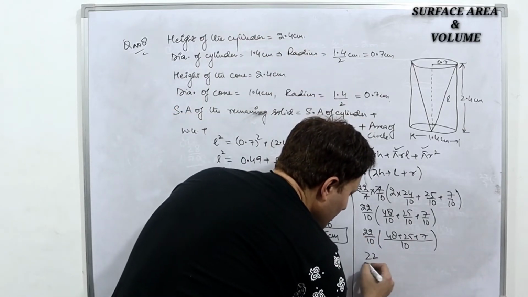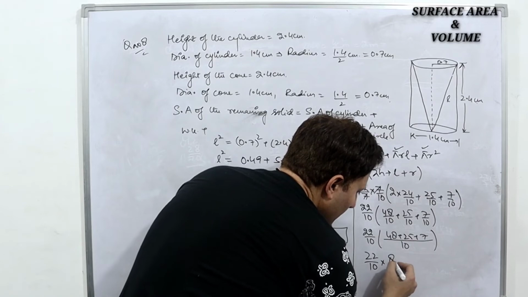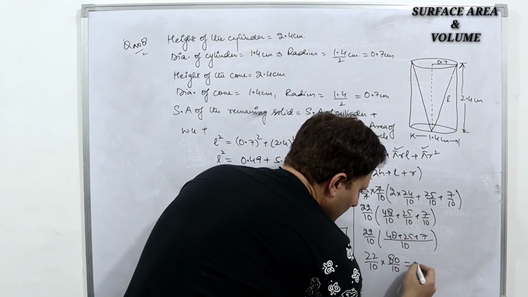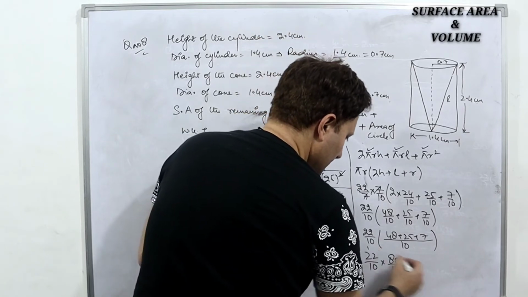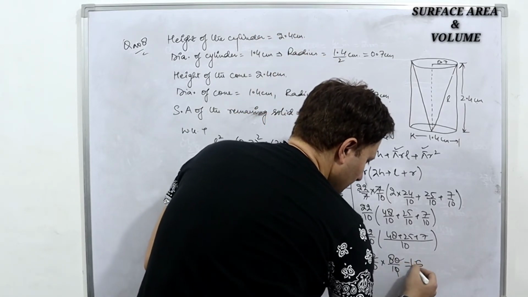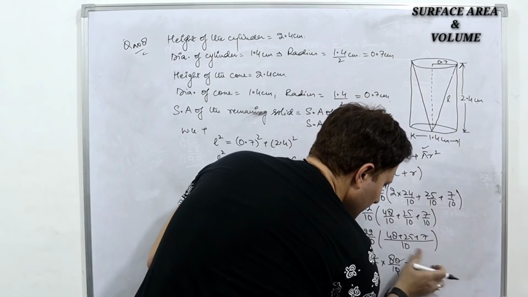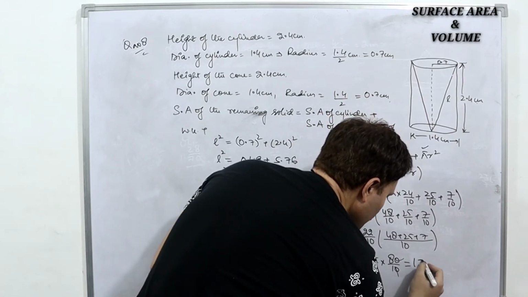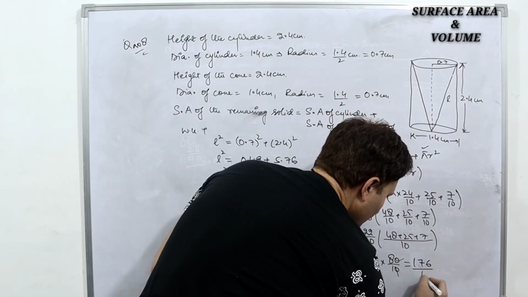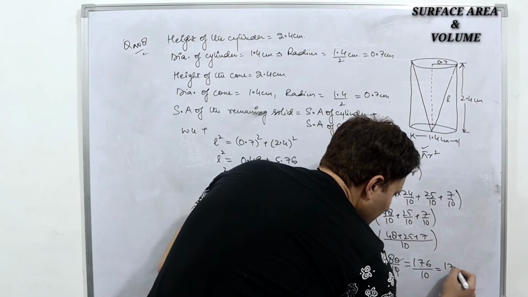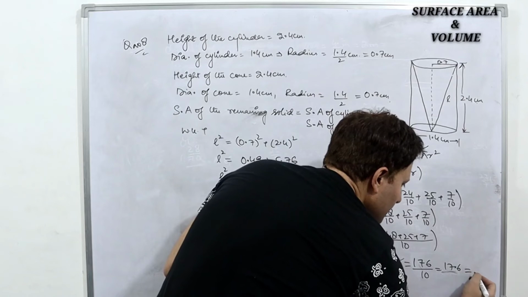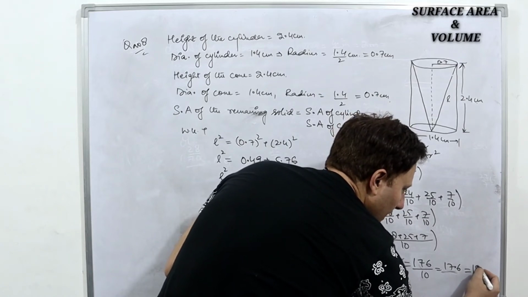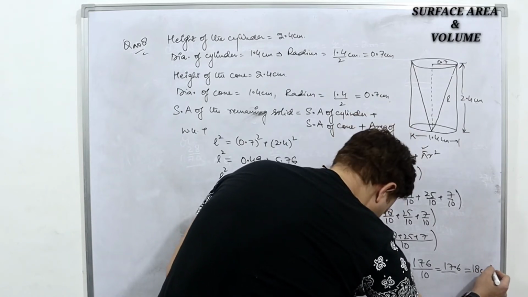So that is 22 upon 10 into 80 upon 10, and then this is gone. This is 2 is 16, 2 is 17. So let me write it here as 176 upon 10. That is 17.6, but it was saying nearest digit, so that will be 18 centimeters.